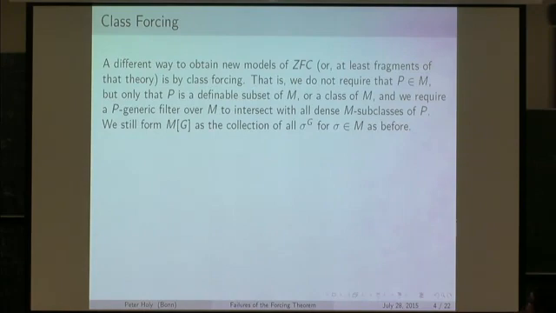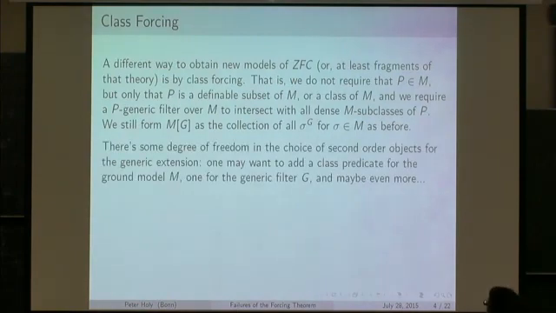And so what does genericity mean in this generalized context? Genericity now means that the filter is supposed to intersect all the dense subclasses of our class forcing P. And the generic extension is still formed in the same way, so we take all the names which are elements of M, and we look at the collection of the evaluations by the generic filter, and this is our generic extension.